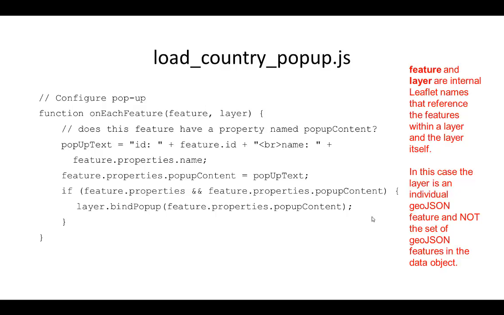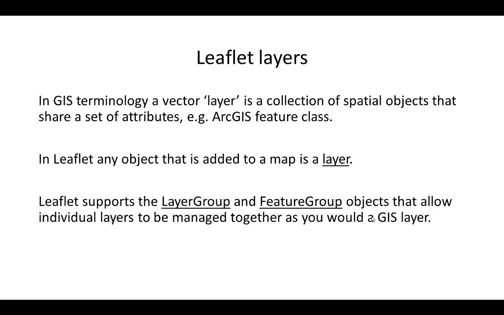That's that GeoJSON object. This is the layer that's going to be put on the map once that GeoJSON object has been processed. And what we're doing is adding this pop-up to the layer. That's the crux.